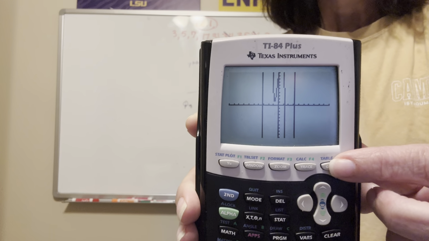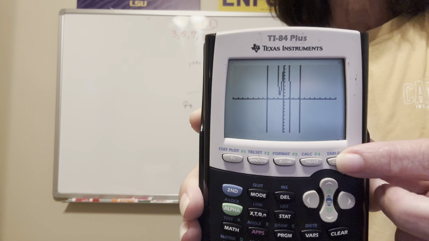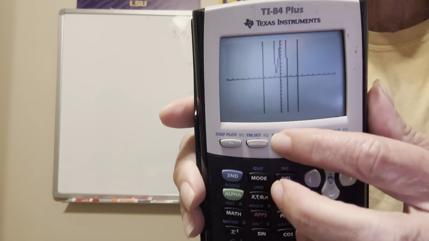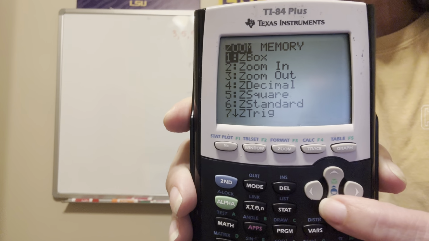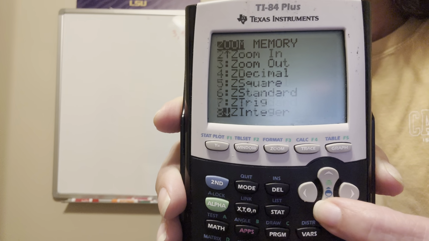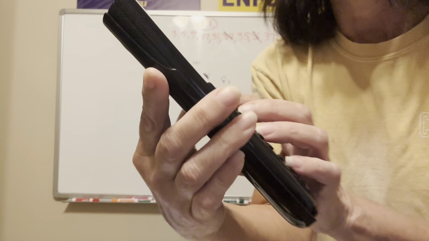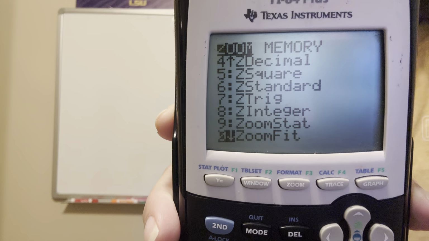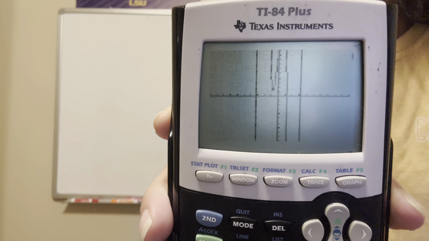So what I can do is zoom fit. Zoom fit and hit enter.